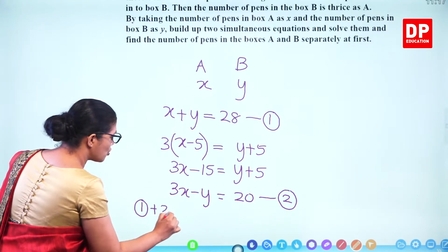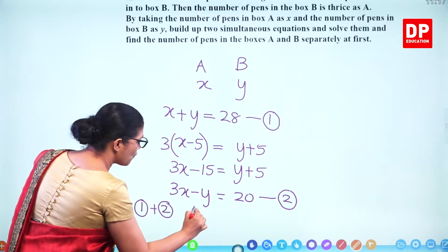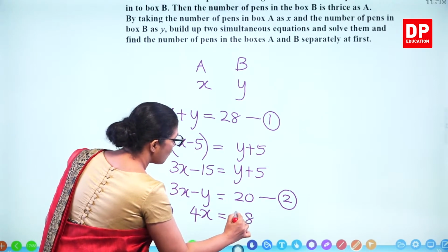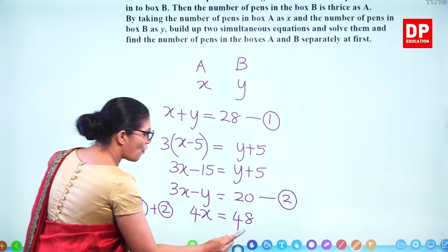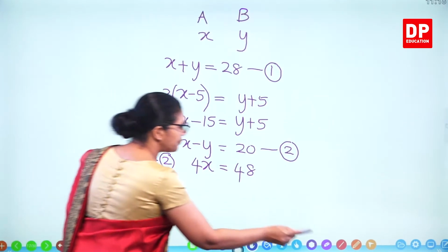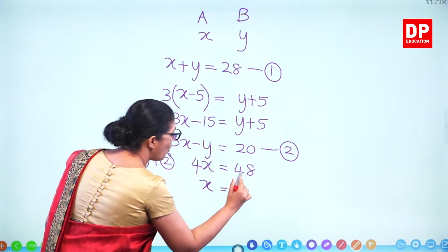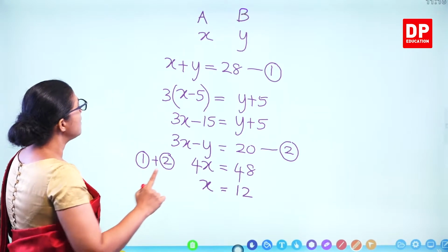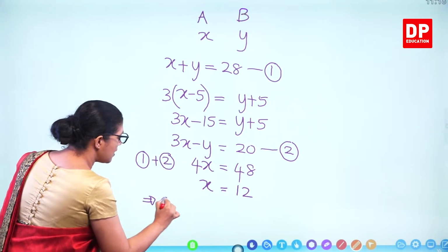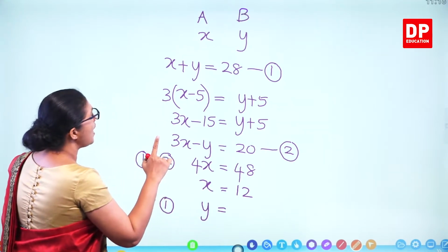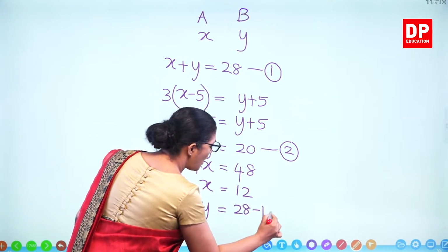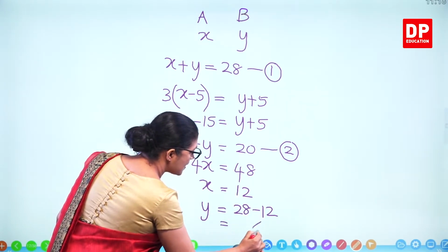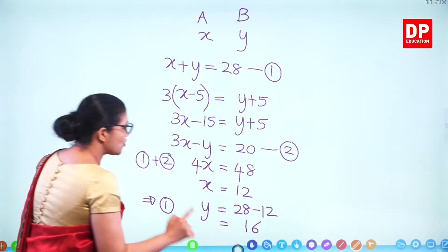So 1 plus 3, x and 3x becomes 4x. 28 and 20, you get 48. So 4x is 48. What's x value? Divide by 4. x is 12. So if x is 12, using the first equation, we can find out y. y becomes 28 minus 12. You get 16.